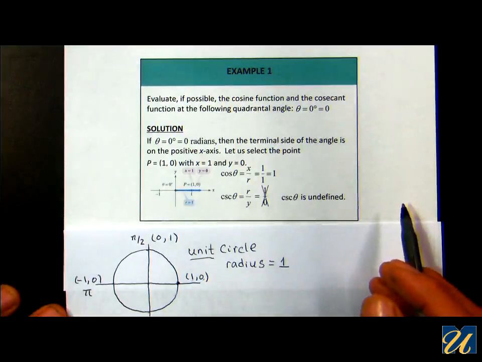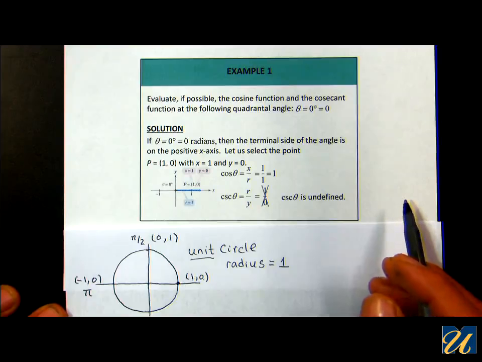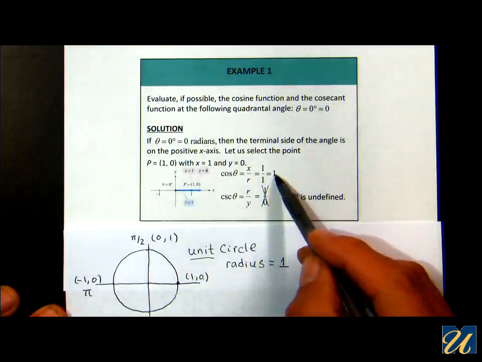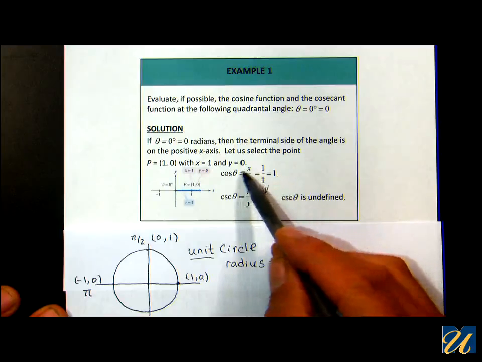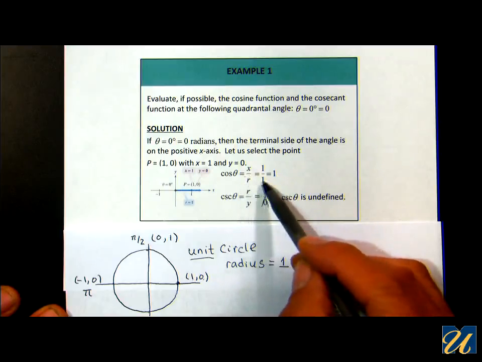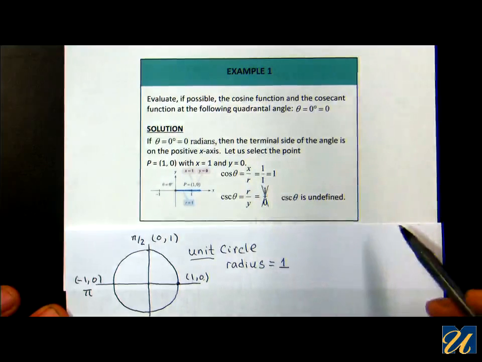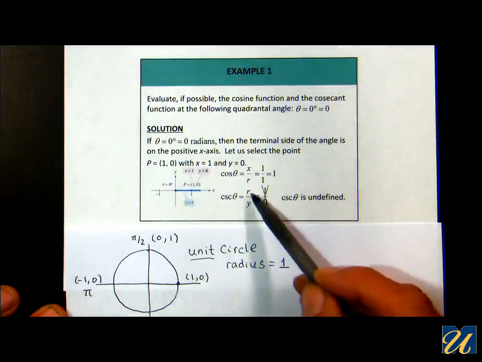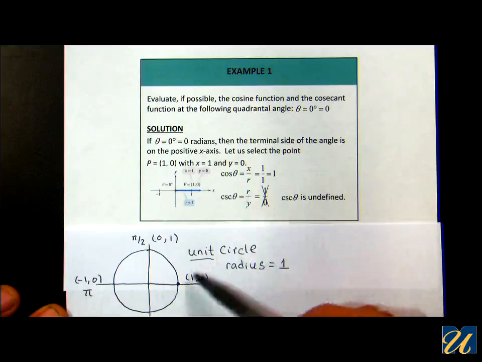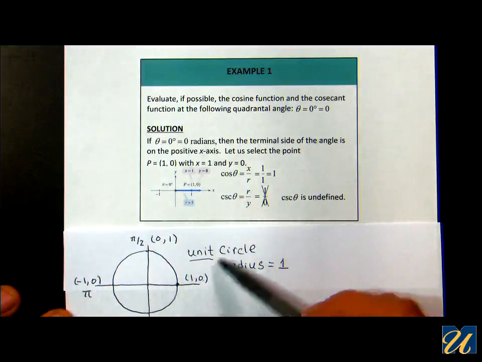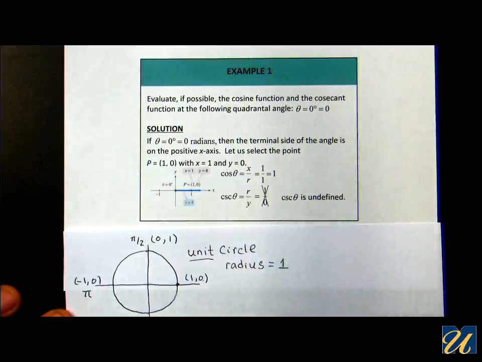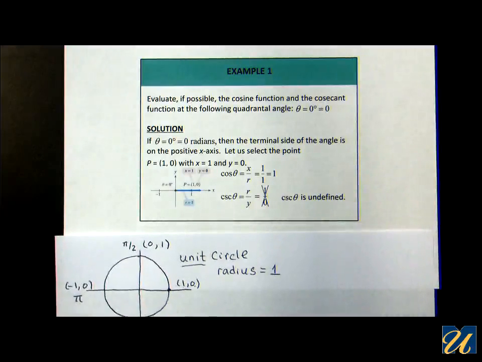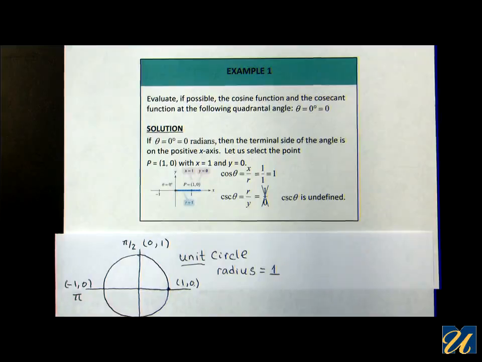We are asked for the cosine, which is the x-coordinate, so that's why we get 1 here. And we are formally showing here that the radius is 1. That's where that is coming from. Now the cosecant is the radius divided by the y-coordinate. Again, the radius is 1, but the y-coordinate here is 0, and that's why the cosecant is not defined there.